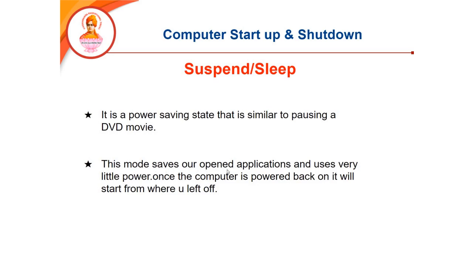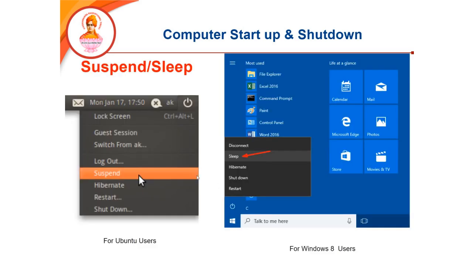This mode saves our opened applications and uses very little power. Once the computer is powered back on, it will start from where you left off. This is the suspend screen of Ubuntu users and this is the sleep mode of Windows 8 users. By clicking this sleep option, you can keep your computer in sleep mode.